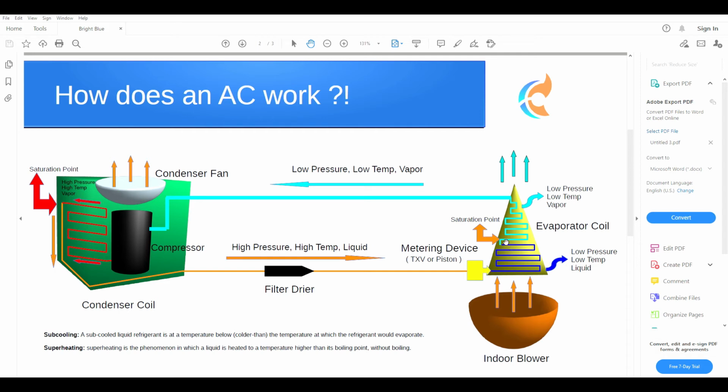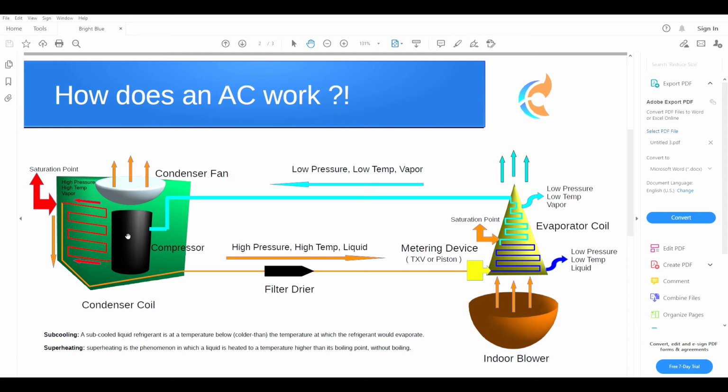This is the temperature that your gauge shows, and that's the temperature you have to read with a thermometer. That will be your superheat, but we mostly measure the total superheat, which will be the temperature difference between the saturation point and the temperature of the refrigerant that is entering your condenser coil before it gets to the compressor.